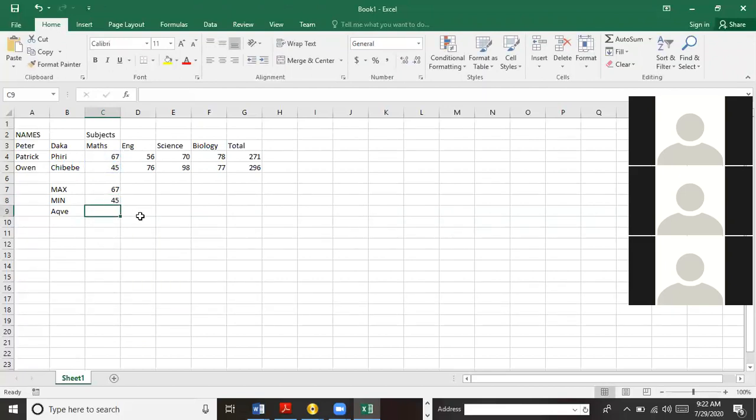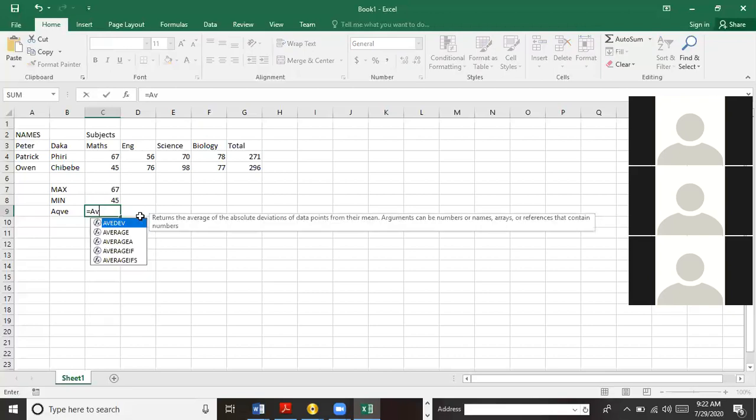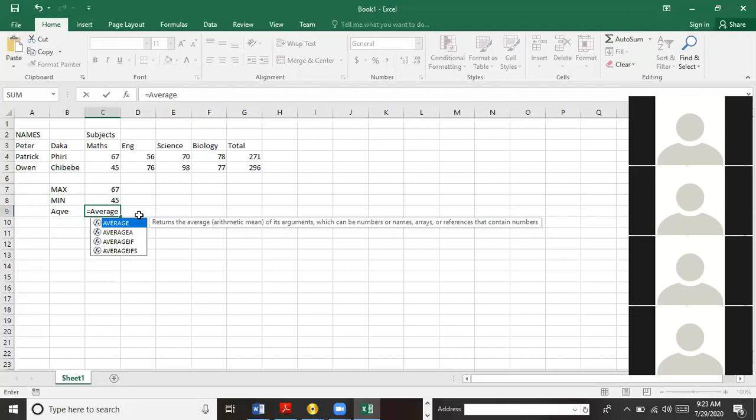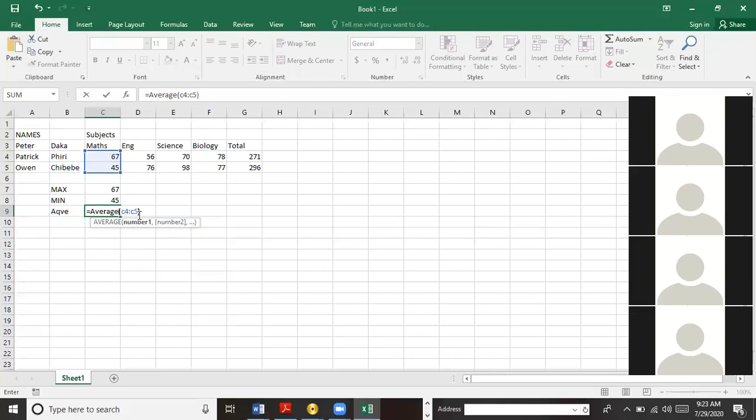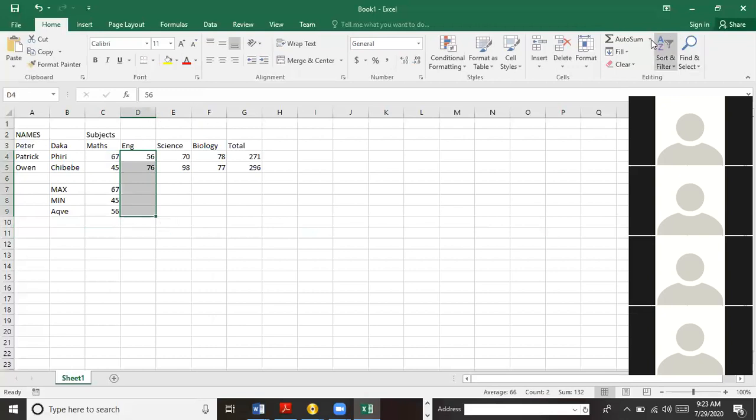Okay. Then the average, you do the same, start with the equal sign. You type average, open bracket, do the same cells. You can also find it for everyone.